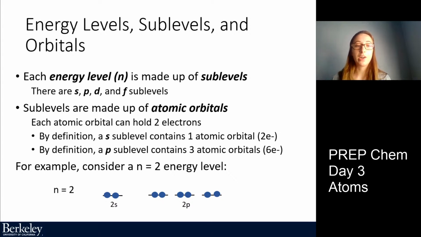So these 2 electrons in s plus the 6 electrons in p add up to be 8 total electrons in the entire second energy level. So when I made that statement about the maximum of 8 electrons, I'm talking about the maximum of electrons per energy level. But we can break that down further and talk about how many electrons are in each sublevel. Does that make more sense?